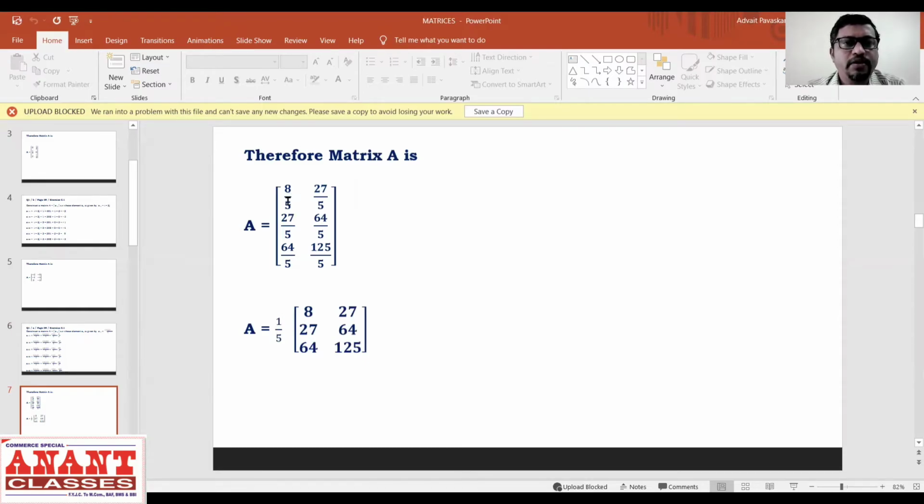So the divide by 5 has come out of everything, and what is left is 8, 27, 27, 64, 64 and 125. So this is how the answer is. You can write the answer like this also, taking 1/5 as a common factor outside the matrix, and in the matrix the elements will be 8, 27, 27, 64, 64 and 125. I hope you have understood the answer.